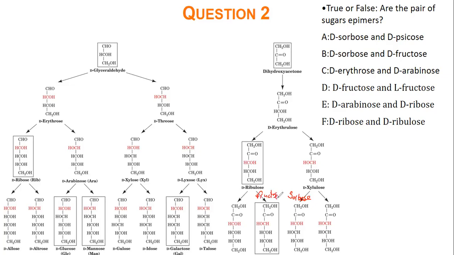Fructose, psychose, and tagatose. Right, so we're in A, it's sorbose, psychose, and they are only different at this carbon, this chirality. All others are the same. So yes, these are epimers, true.